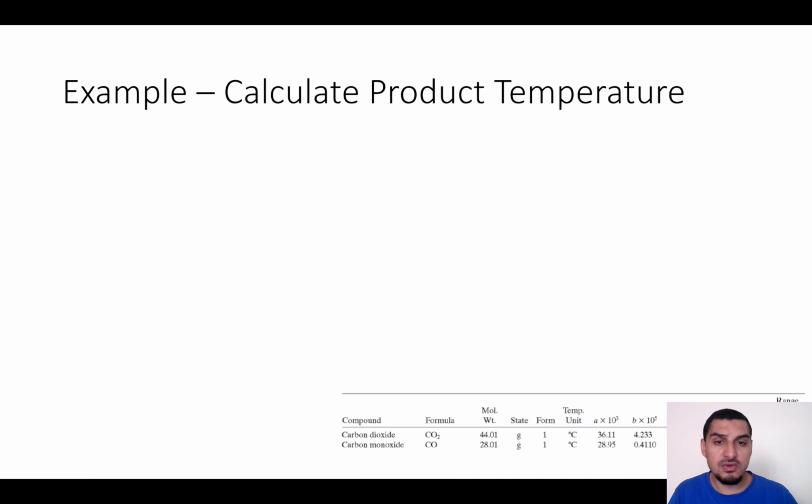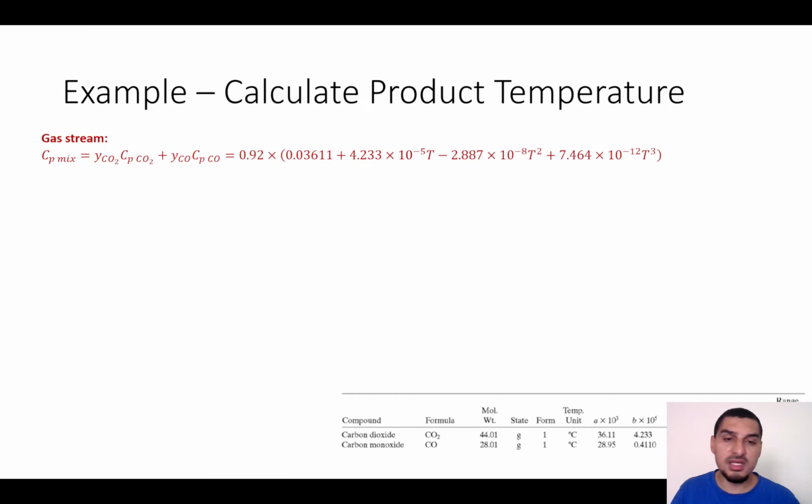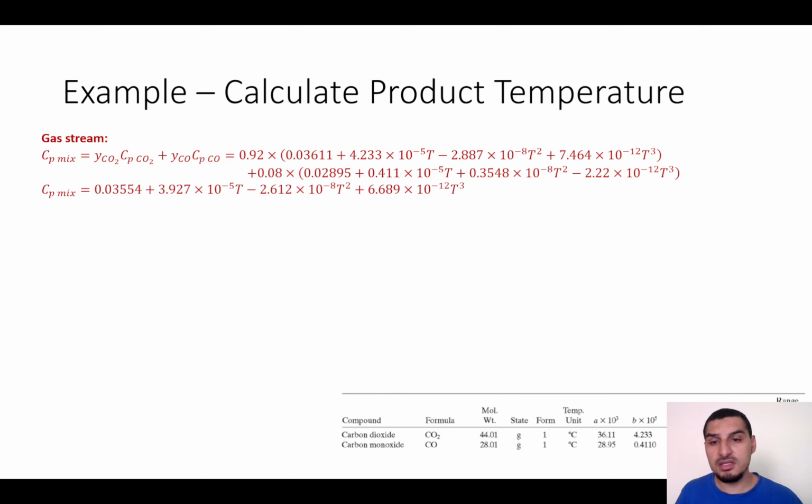So now let's go for the calculation. For streams 1 and 3, it's going to be as we did before. We will get the CP of the mixture, and from the CP of the mixture we can calculate the delta H. And there is a trick here. In all the cases that we dealt with before, we knew the limits of integration, T1 and T2.